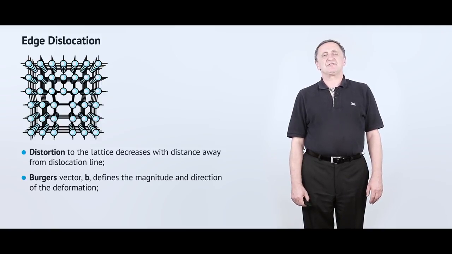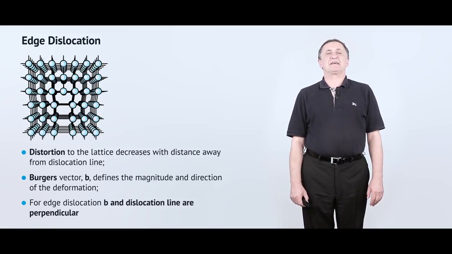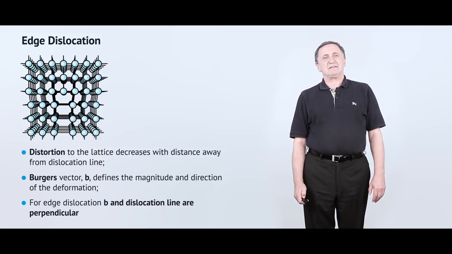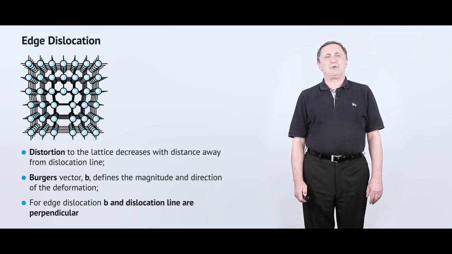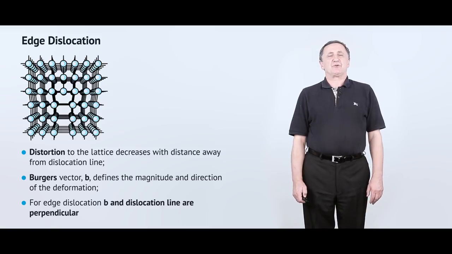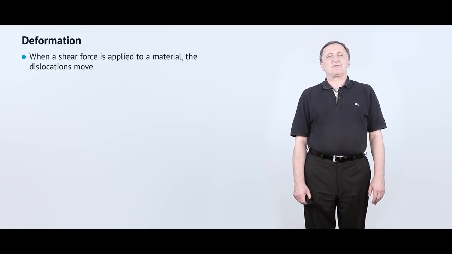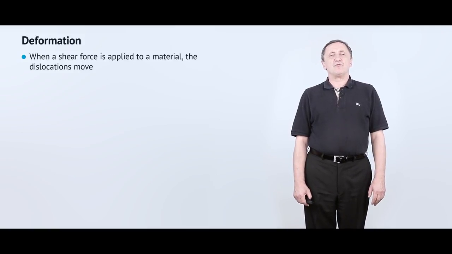For this edge dislocation specifically, the Burgers vector and the dislocation line are normal to each other. So assume that we have some extra half plane in our material, which is the edge dislocation defect. It was shown experimentally that when a shear force is applied to the material, these dislocations move.